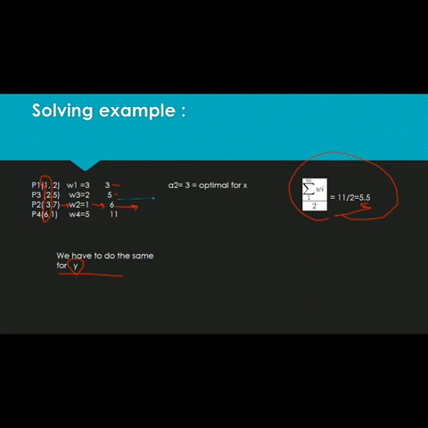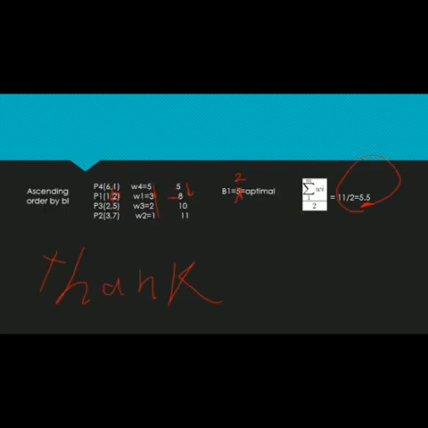Here, in ascending order by y-axis: 1, 2, 5, and 7, and we write their weights and do the cumulative sum of weights. This number is 5.5, and we reach it at this one.